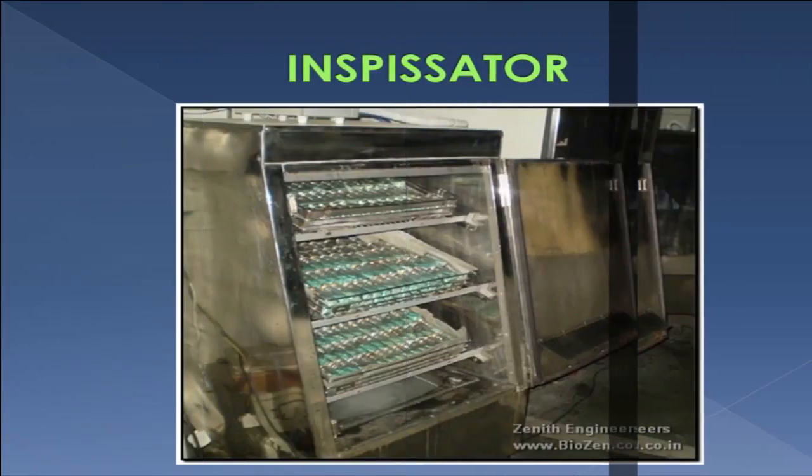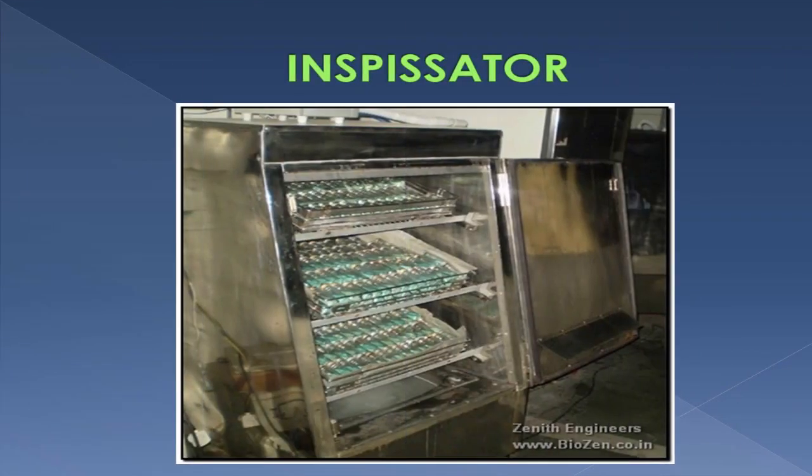Next is Inspissator. Inspissator is a convenient and effective system designed to produce large batches of uniform culture medium 4 to 6 times per day. Vessels containing culture medium are incubated on a shelf tray, which is connected with water held at a constant temperature of 50 degrees Celsius or 85 degrees Celsius in a tank, ensuring that the temperature of the vessel is constant.